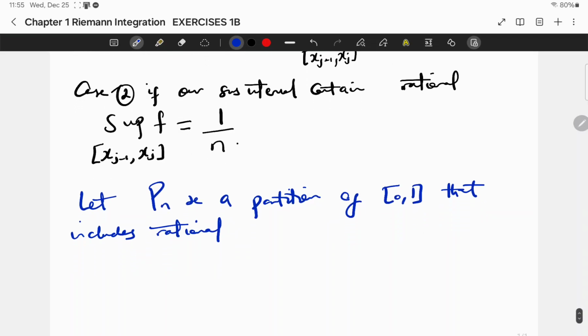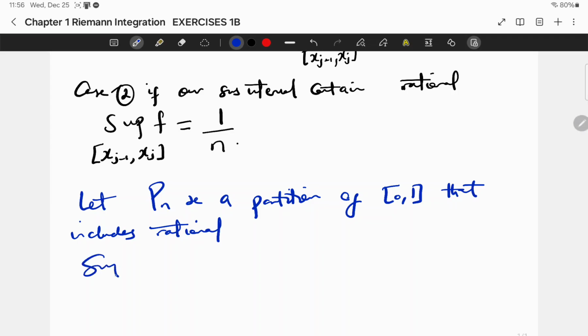So for such points, our infimum will still be 0, because a rational number is single and irrational numbers are much more numerous in a sub-interval than rationals.